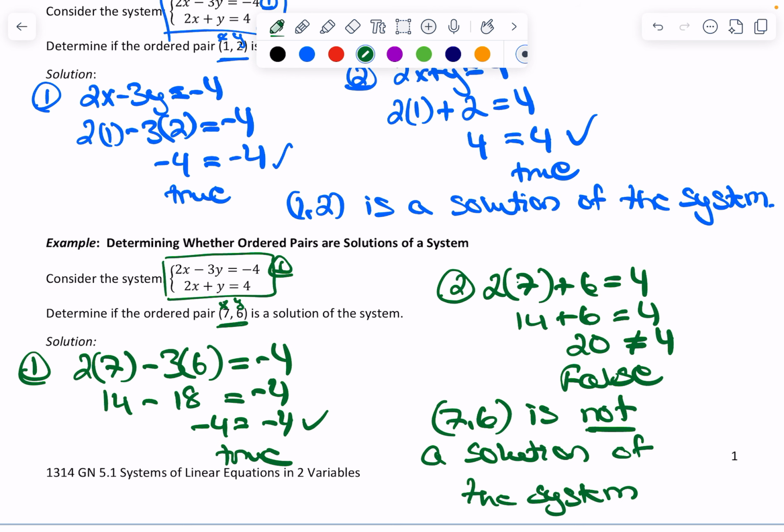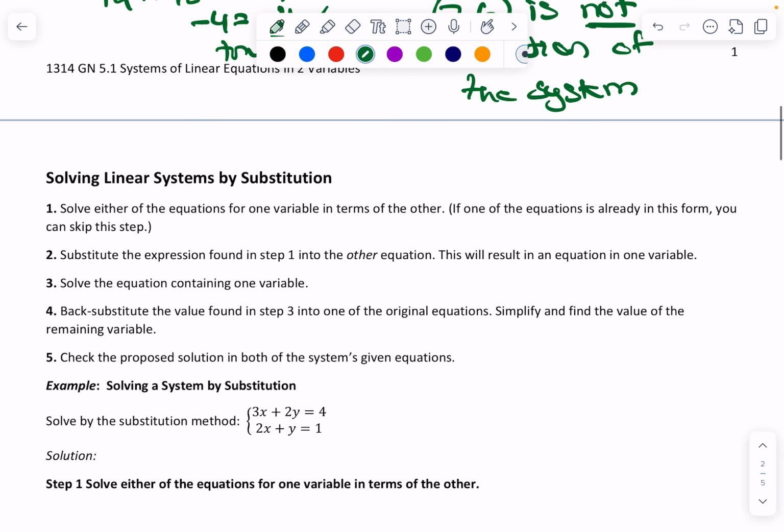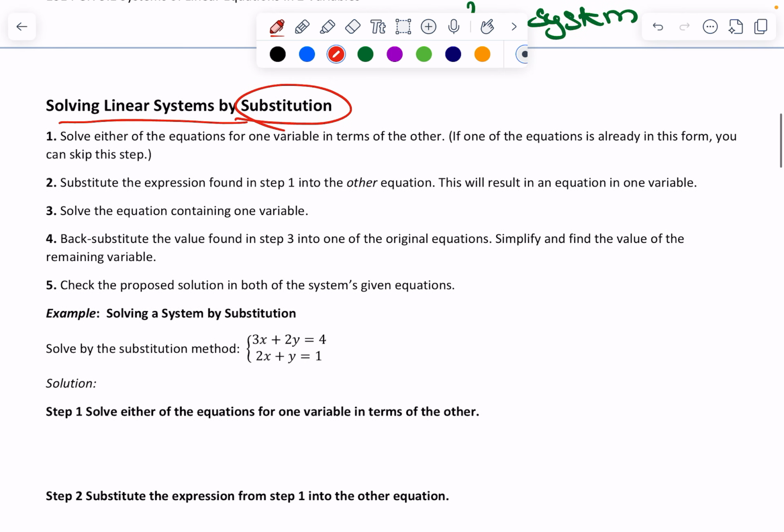Okay, so next we're going to look at how to solve linear systems, and we're going to start with substitution. We're going to go over the steps on how to do this. So first, we're going to solve either of the equations for one variable in terms of the other. If one of the equations is already in this form, you can skip this step. Number 2 will be substitute the expression found in step 1 into the other equation. So this will result in an equation in one variable.